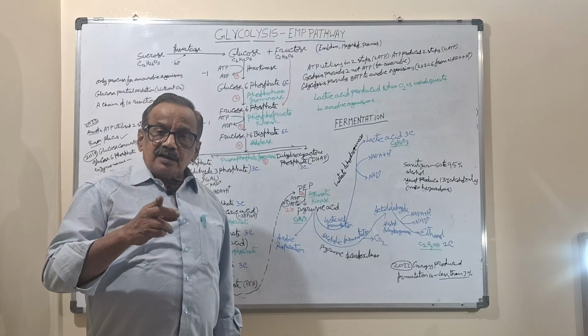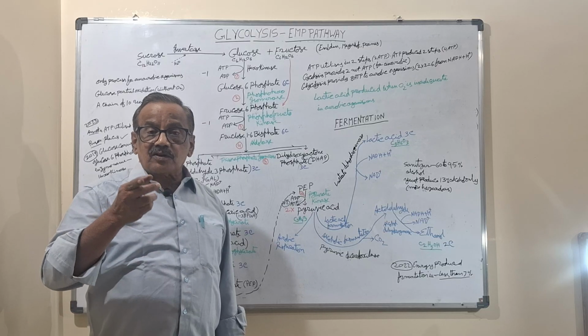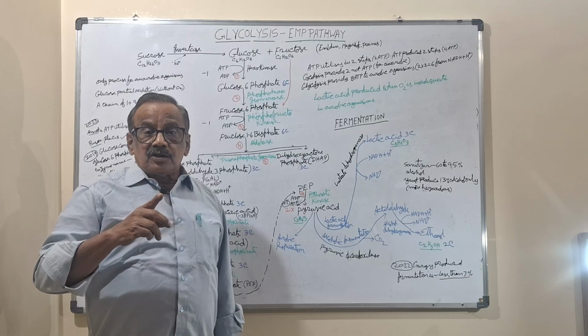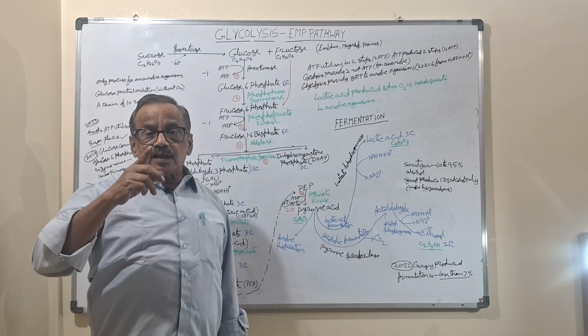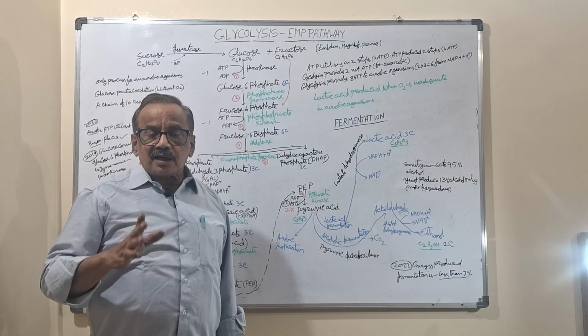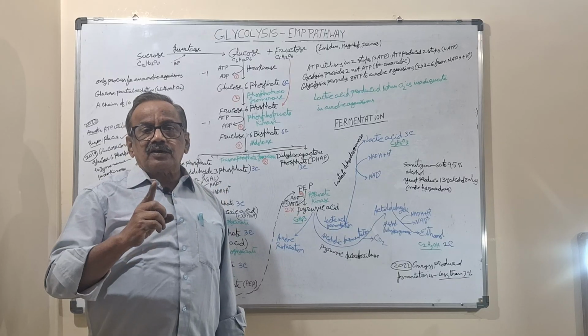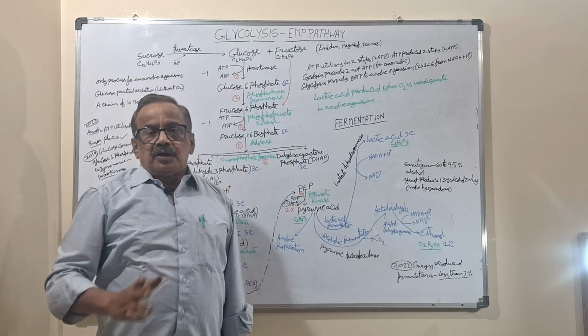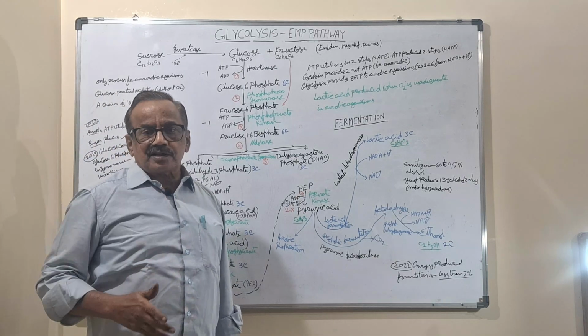With oxygen, it is aerobic respiration; without oxygen, anaerobic respiration. So this will be done in either aerobic or anaerobic respiration, and all living organisms will follow this glycolysis, the first stage of respiration.